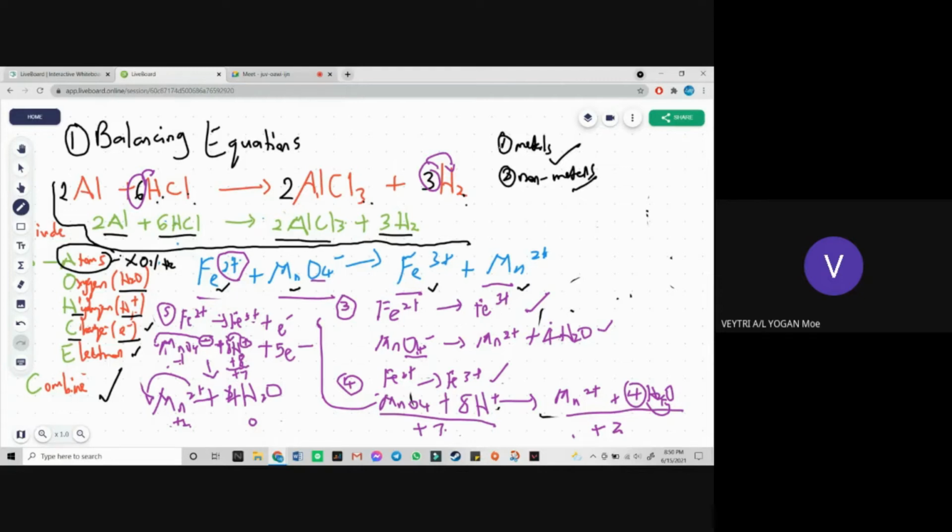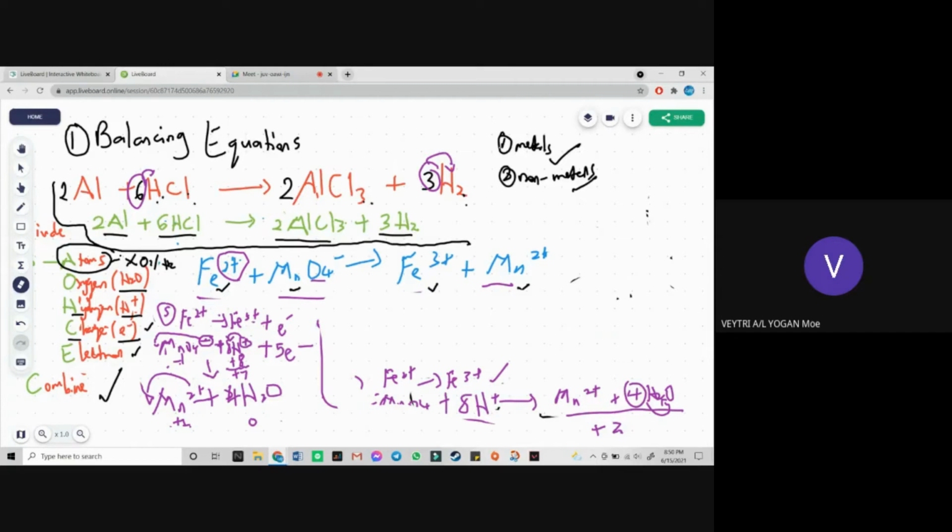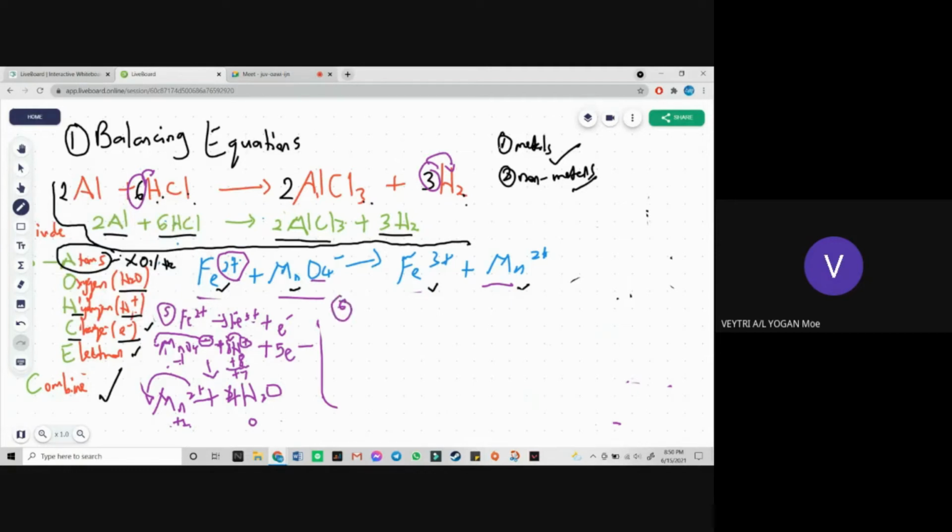Charge sudah settle. Now, let me just clear a little bit over here. Number 6. How do you do number 6? Alright, now step 6 is basically you gotta balance up the electrons.